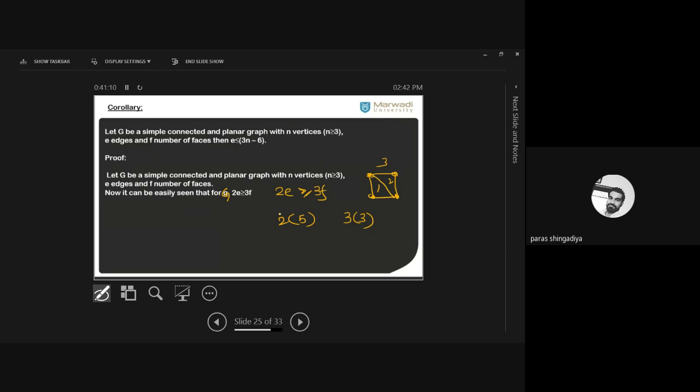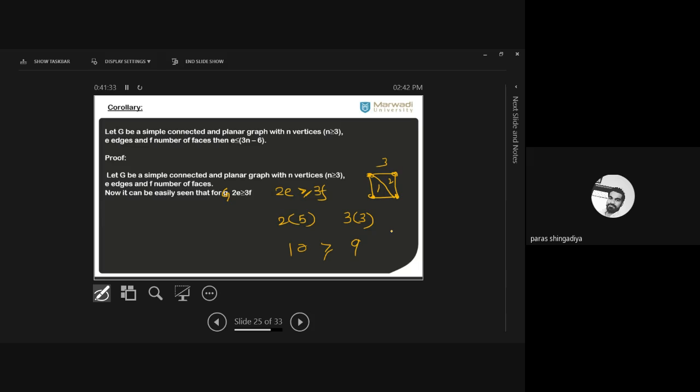Which quantity is larger? Here it is 10, and here it will be 9. So 10 is always greater than or equal to 9. Any graph you take, that result will always work. This condition always will work. We need it here, so we consider this directly: 2 times E is always greater than or equal to 3F.